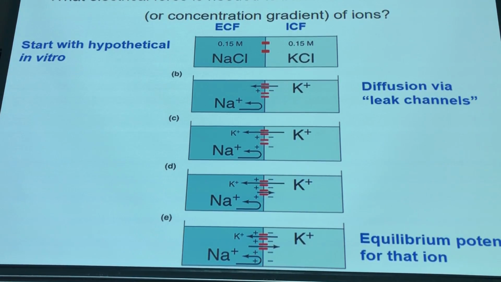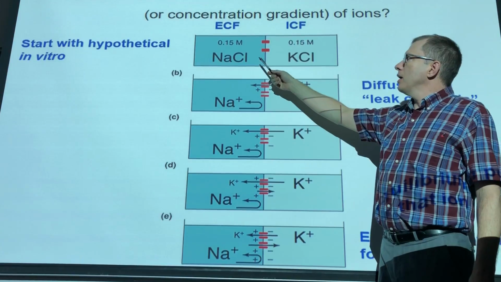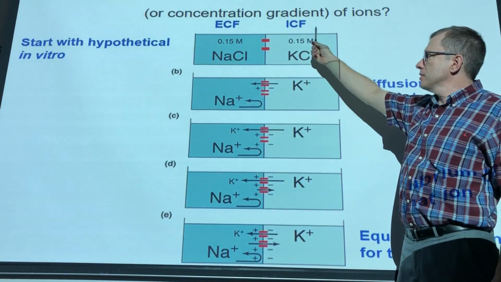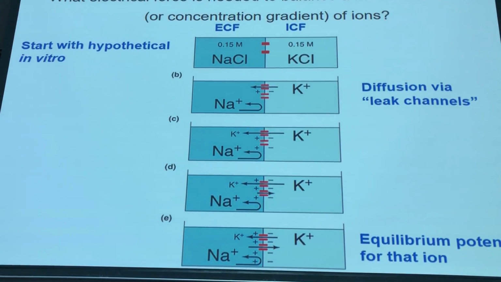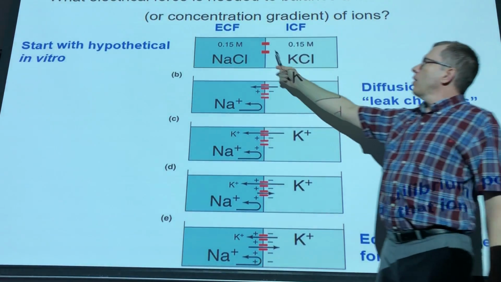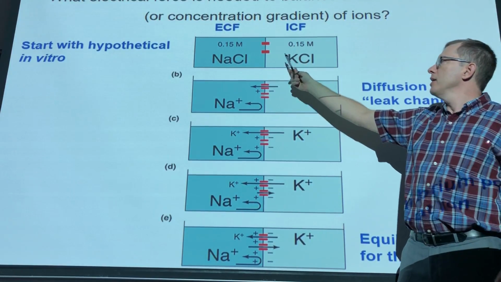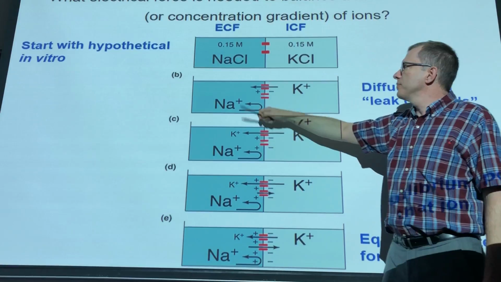And basically, we're going to start with a situation where we have two compartments that correspond to the extracellular and intracellular compartments, okay? And we're going to start with a situation where all channels are closed, which never happens in real life, okay? But in our example, all channels are closed.